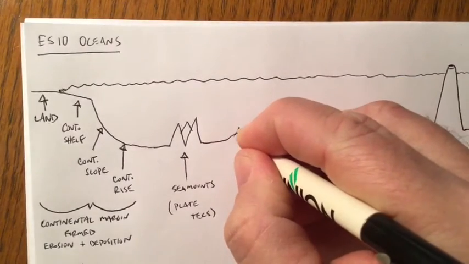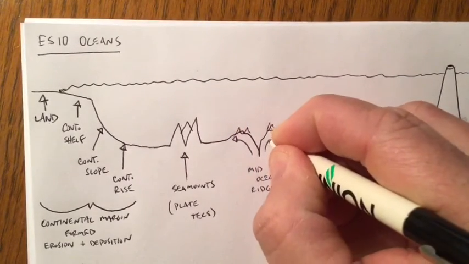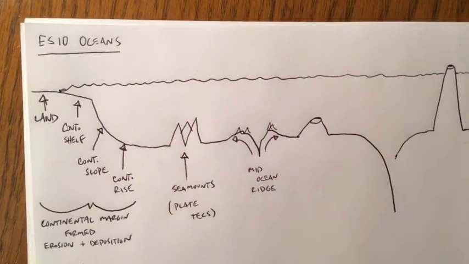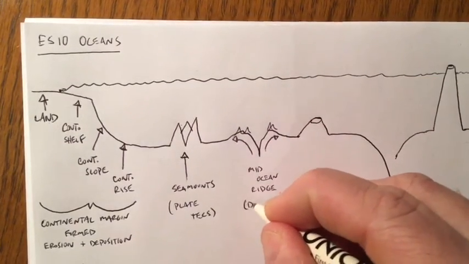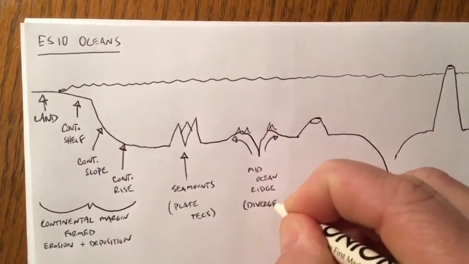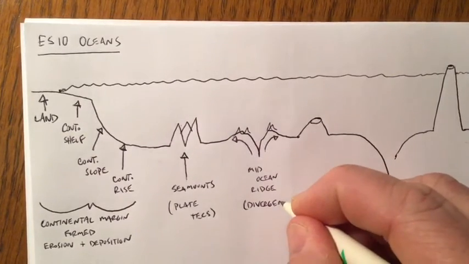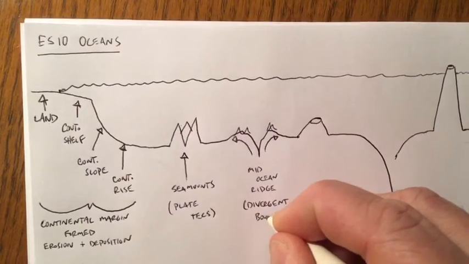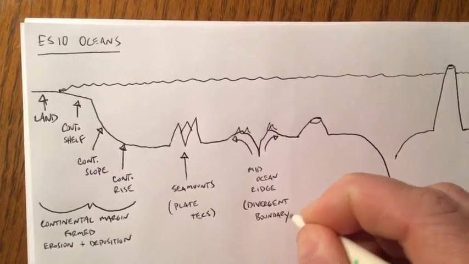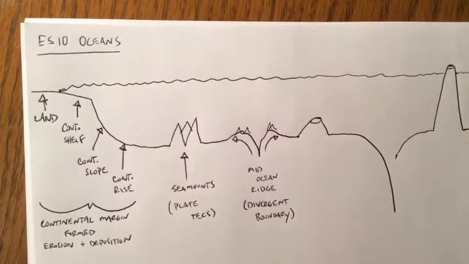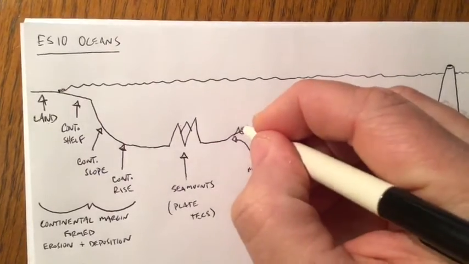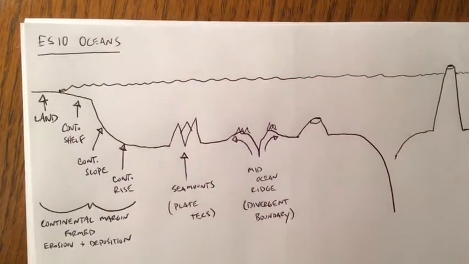It is a divergent plate boundary. So I'm drawing some arrows there to show you what direction those two tectonic plates are moving away from each other. That's a divergent boundary. That is also where new ocean floor is created, and sometimes it's called a spreading center.